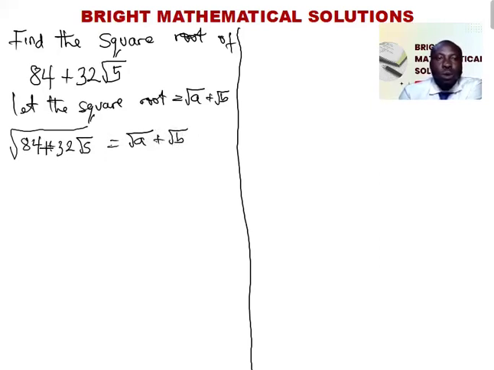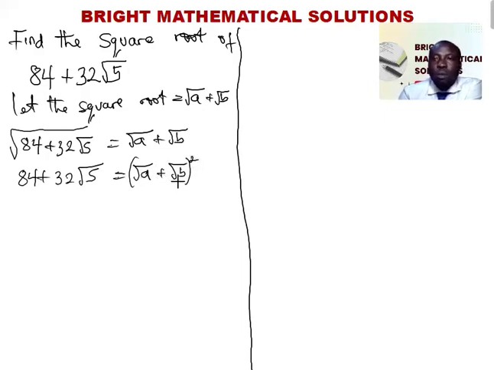If we square both sides, this becomes 84 plus 32 root 5 equals root A plus root B all raised to the power 2. Let us expand the right hand side.